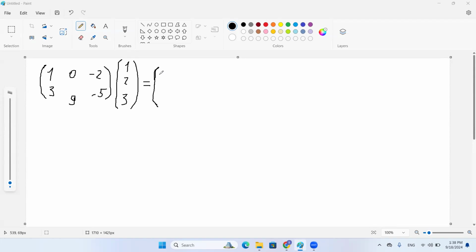Okay. And now let's do it in detail. We take every element of the first row and multiply it by every element of the column of the second matrix and add them. So let's do it together. What do we write here, in detail? 1 by 1 plus 0 by 2 plus minus 2 by 3.